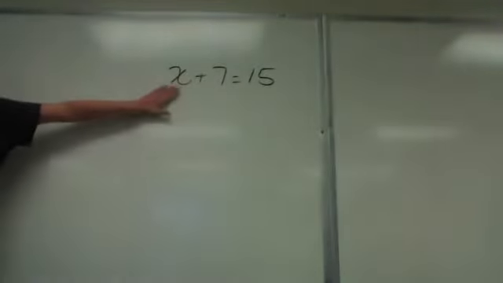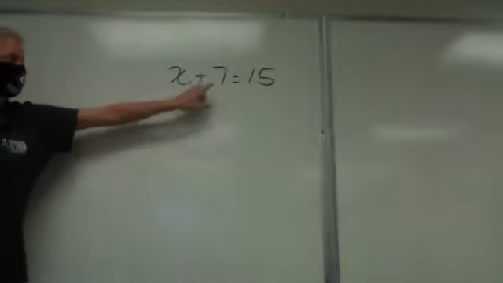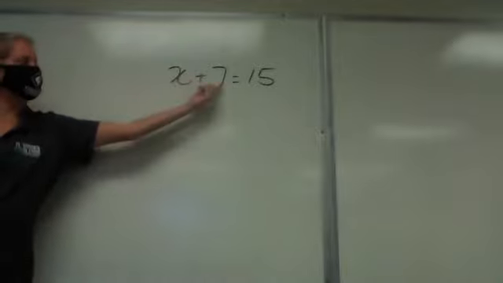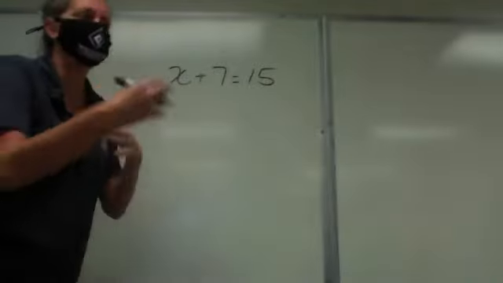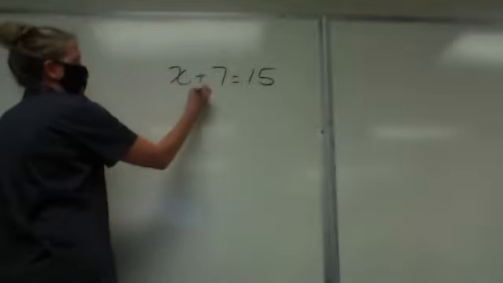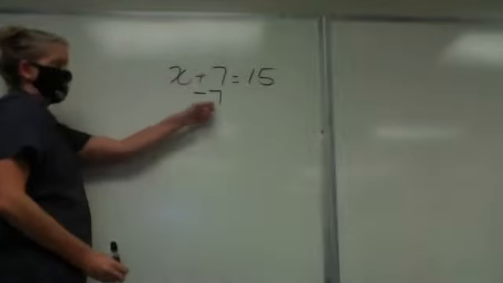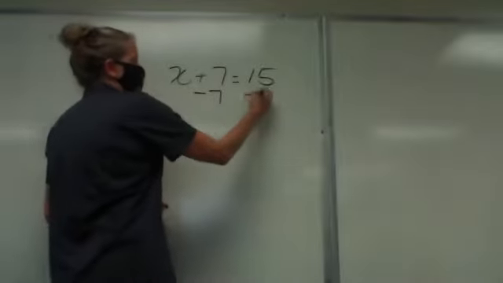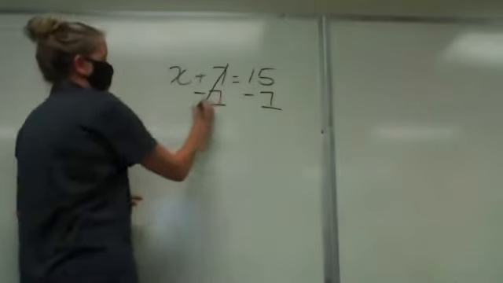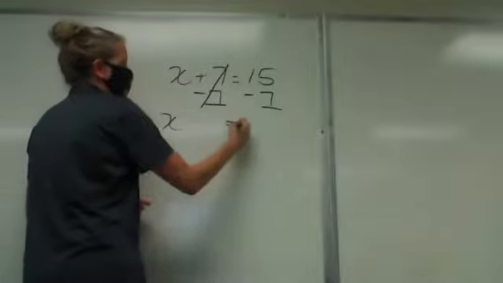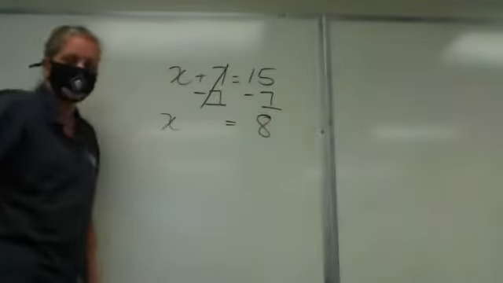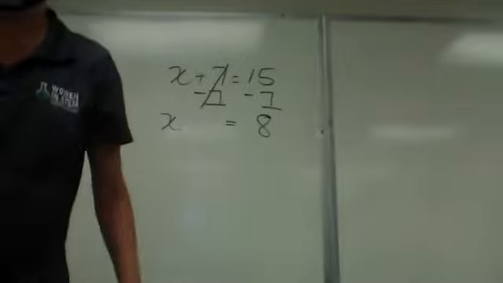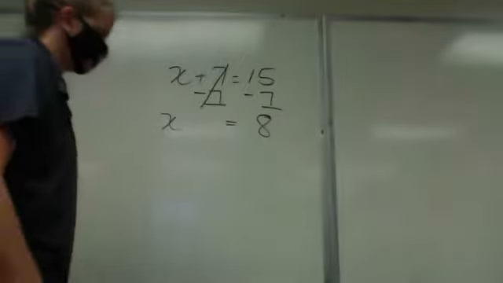If you're trying to isolate this x, the only thing that needs to go away is that plus 7, right? Well, how do you get rid of it? Remember, you just do the opposite. If you get rid of a plus 7, you need to subtract 7. Whatever you do to one side, you have to do to the other. So now I'm left with x equals 15 minus 7, which is 8. Those are the problems that we did in 2.1.